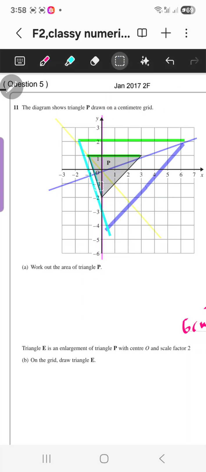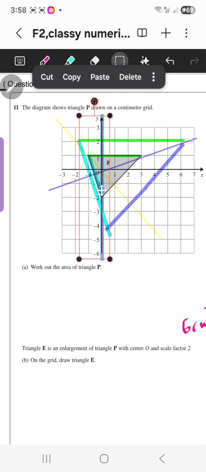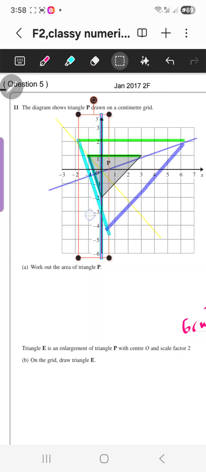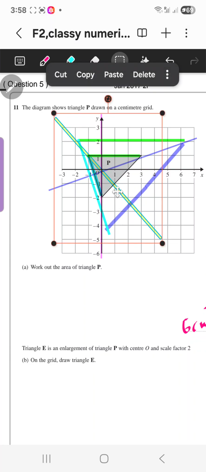This line is in between the yellow and the pink one.